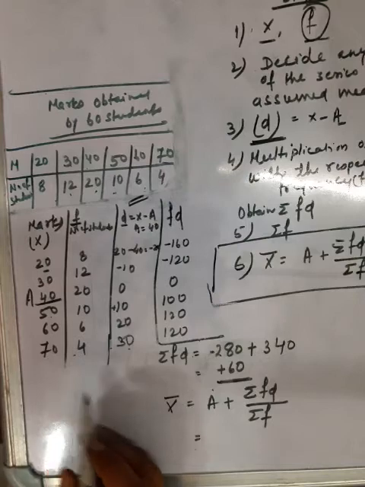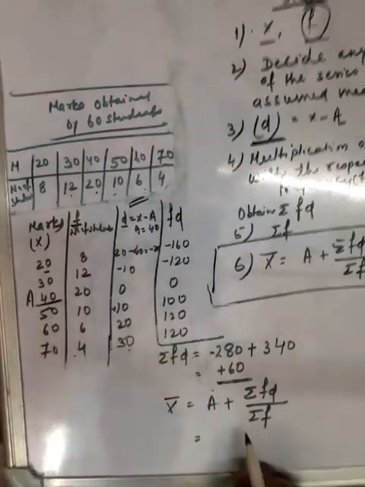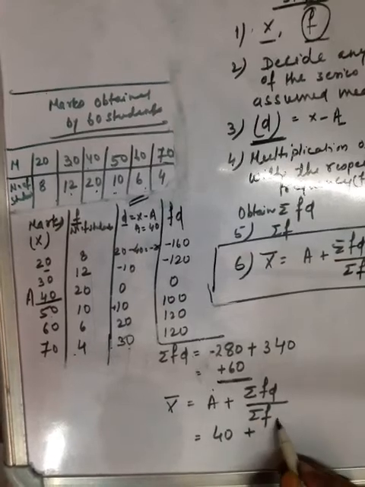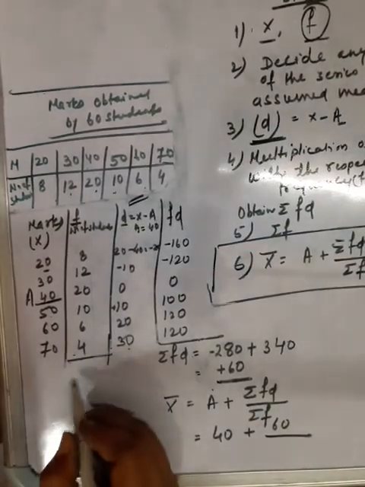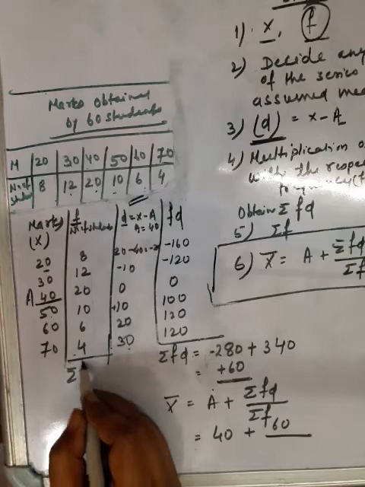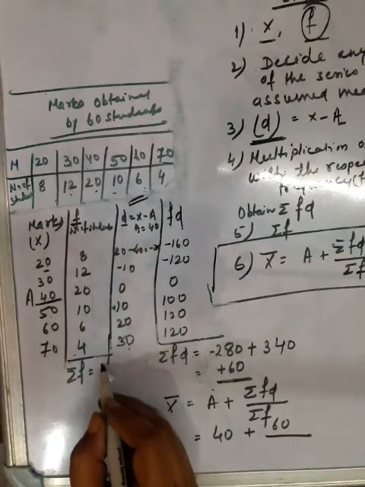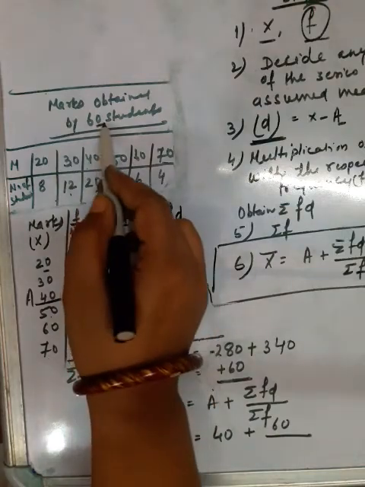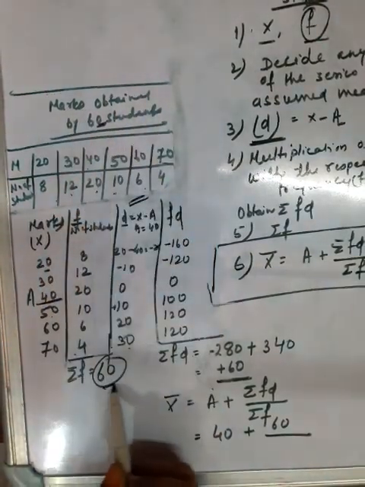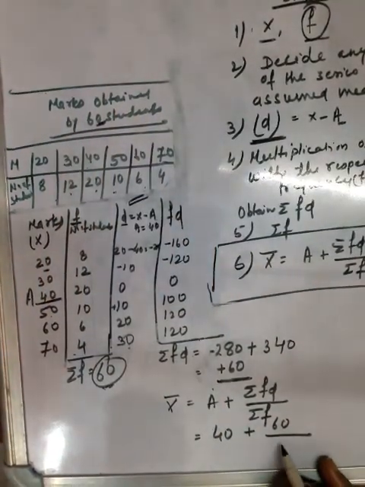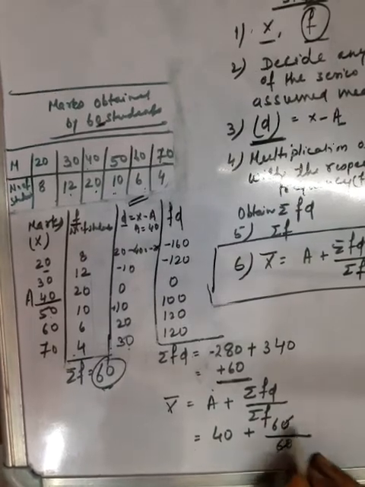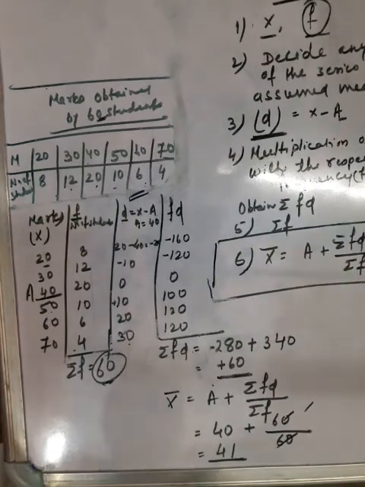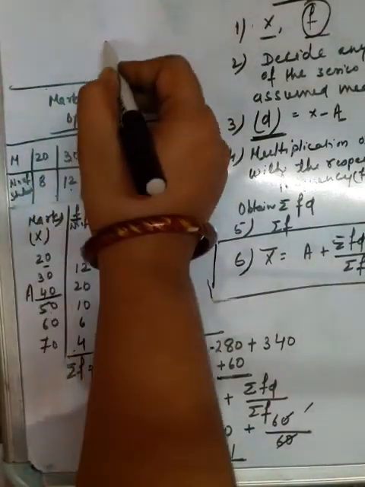A here is the assumed mean, 40, plus 60, and summation of f, if we add, we will get 60, because the number of marks should equal the marks obtained by 60 students. Again this 60 by 60, then that will be 41. Okay, the average marks of the students is 41.